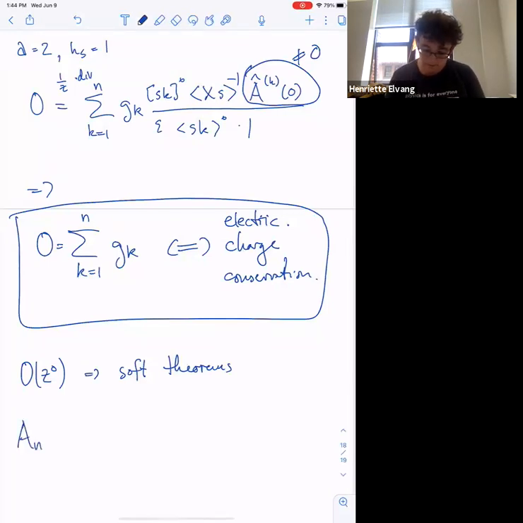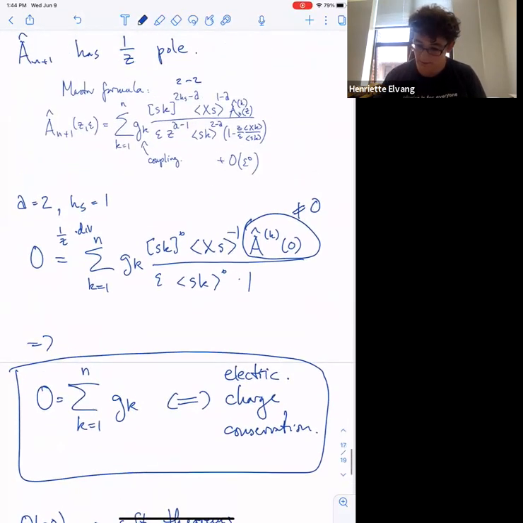So now I look at terms in this expression that are of order z to the 0. In order to get those, I have to take this denominator factor and expand it in small z.